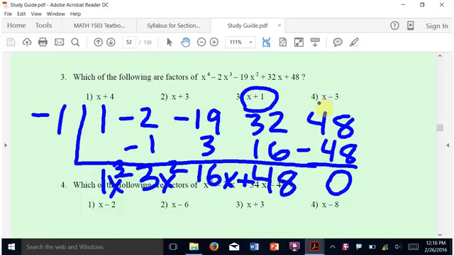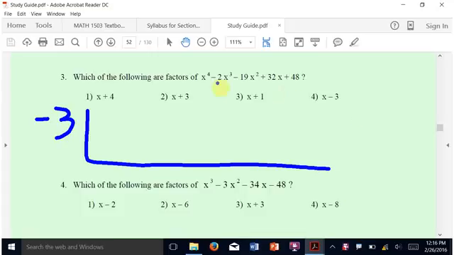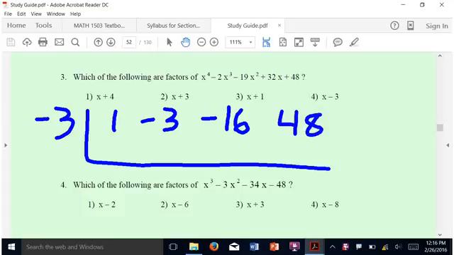So let's try out a few other options. Let's try, for example, option 2, x plus 3. Let's rewrite a few things. So what should we plug in here? We should do a negative 3. And like I said before, you could use the original function if you wanted to, but instead, let's use our quotient from last time: 1, negative 3, negative 16, and 48.